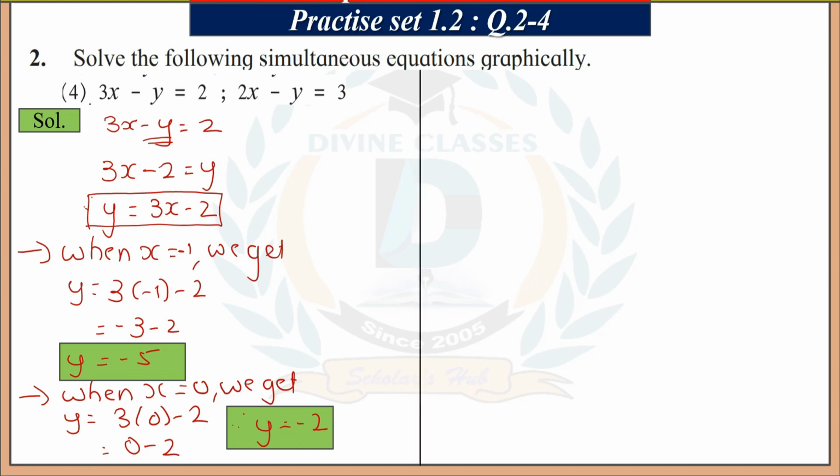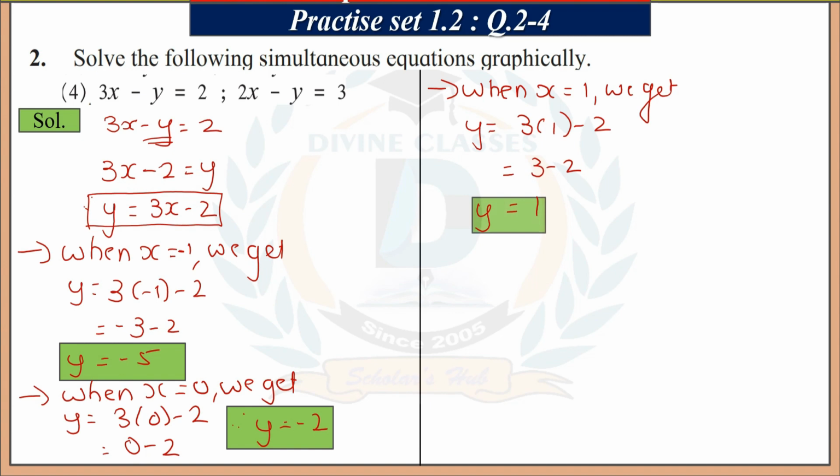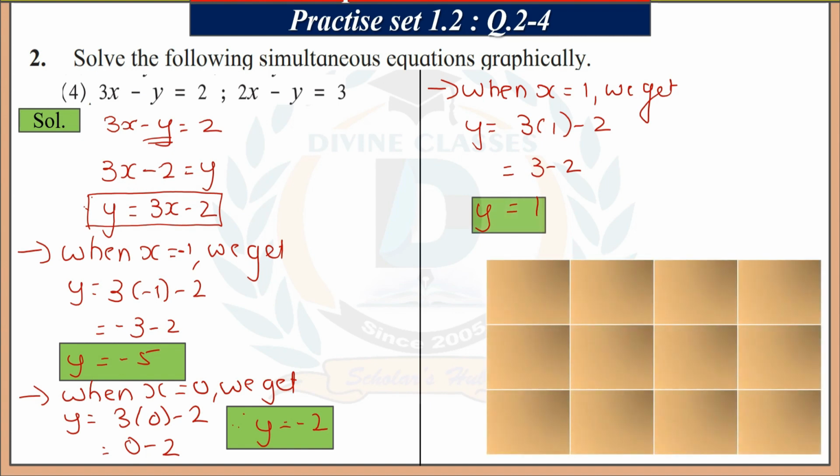Now, the third value we put is x is equal to 1. We get y is equal to 3 into 1 minus 2, which is 3 minus 2, equal to 1. So the value of y we got is 1. Now we'll complete the box x, y, x comma y.